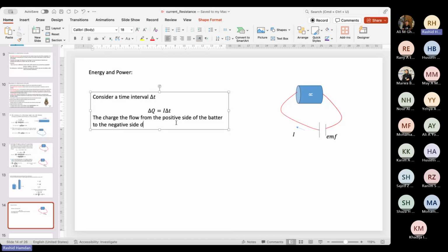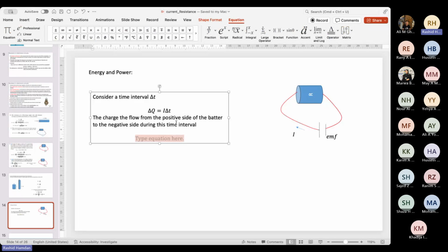During this time interval, the battery loses energy. Why? Because we have charge going from high potential to low potential.